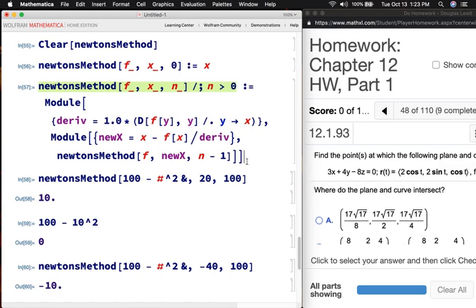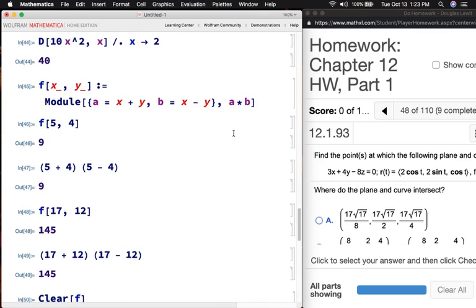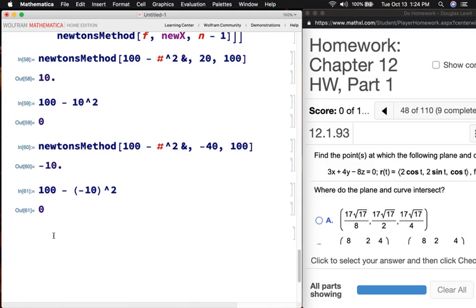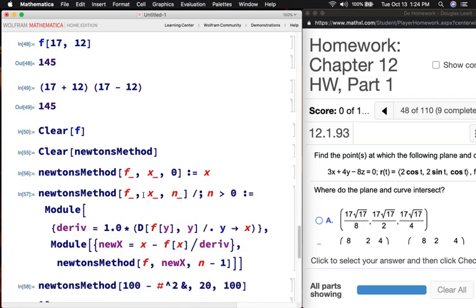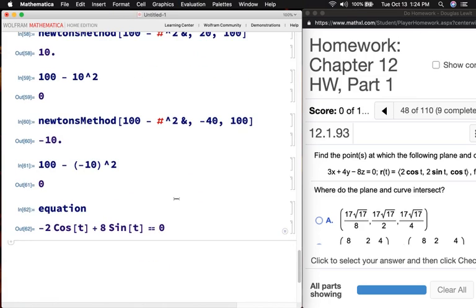Okay? So for this particular problem, we need to find a root of negative 2 cosine t plus 8 sine t. So why don't we do that? Newton's method. Actually, I have it stored in an equation. My equation is equal to this. I don't want to use the equals 0 part because this is automatically assumed by the algorithm.